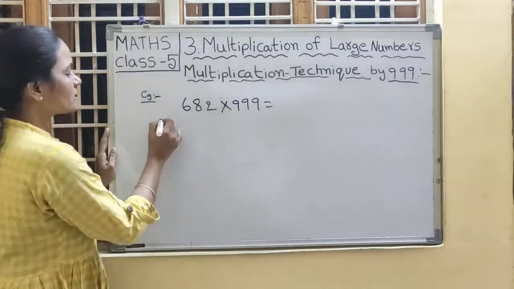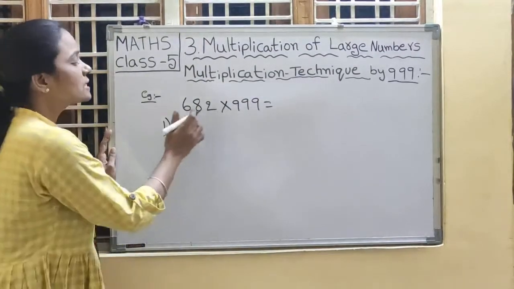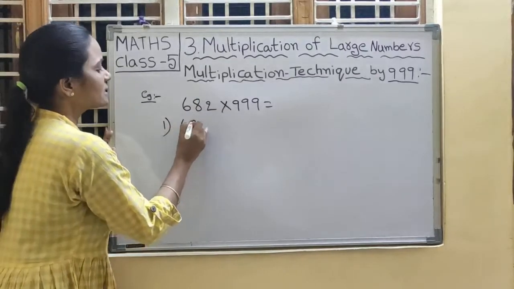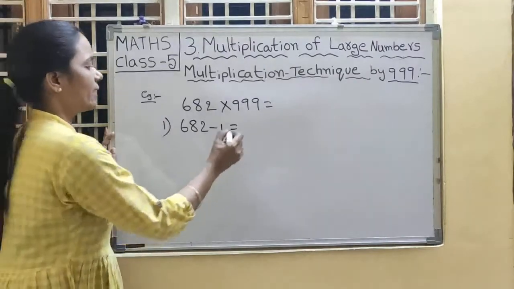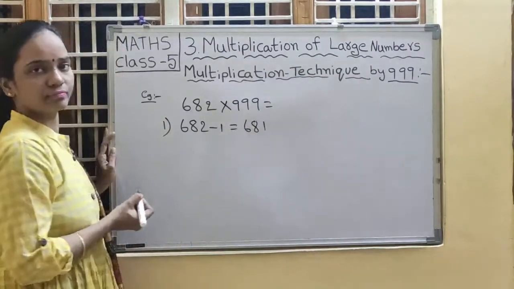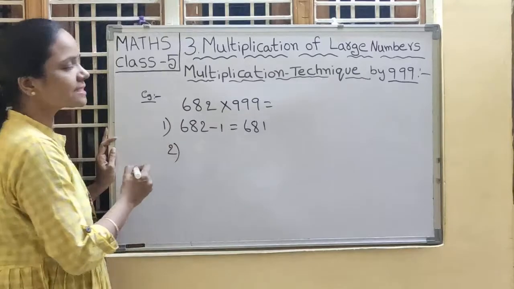3-digit number only. So first step, what do we have to do? Subtract 1 from this 3-digit number. 682 minus 1. What is the answer, children? Very good, 681. Next, what is the second step?